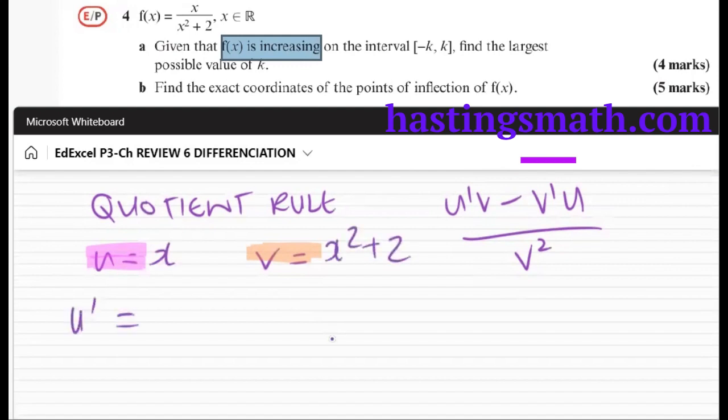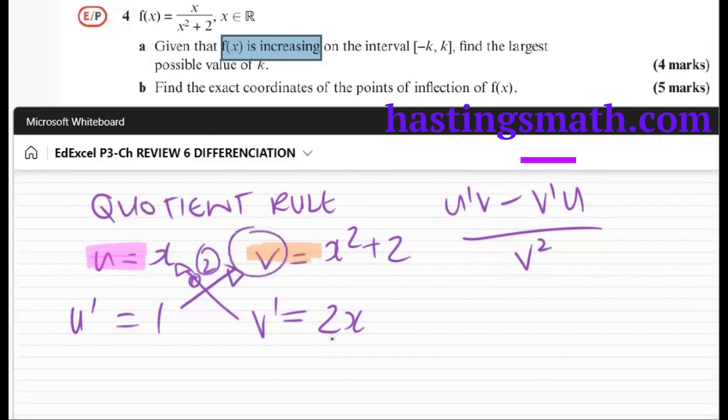U dash would then just be 1, the first derivative of x, and v dash, the first derivative of x squared plus 2, is just 2x. Quotient rule, following how it goes this way, that's number 1. Then it goes this way, that's number 2.